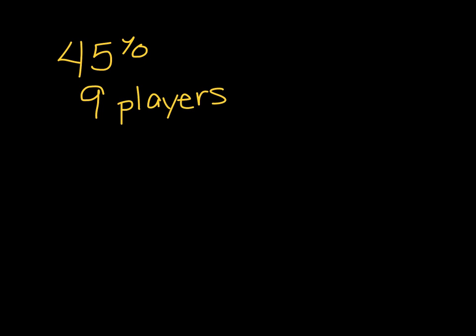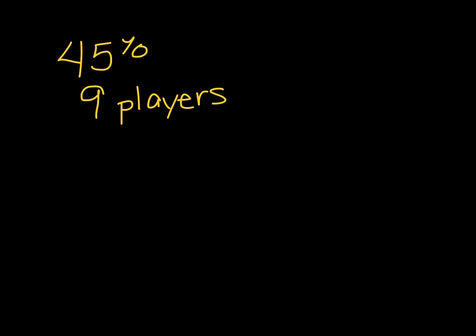For the first example, we know that 45% of people at the bowling alley pay for the bowling league. There's a total of 9 bowling league players. So how many people are in the bowling alley?